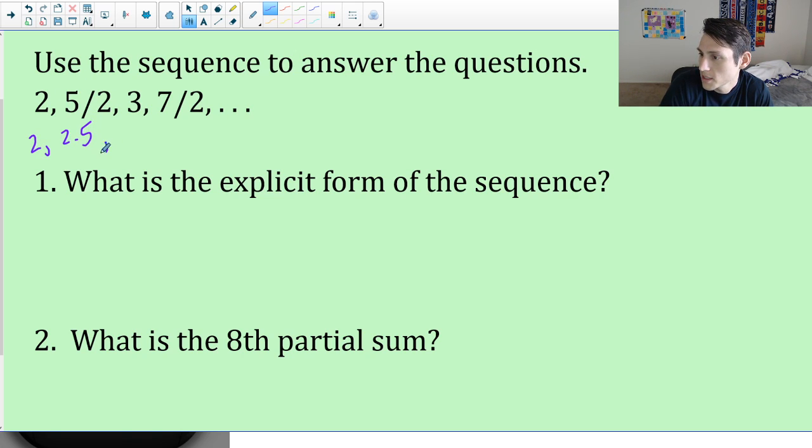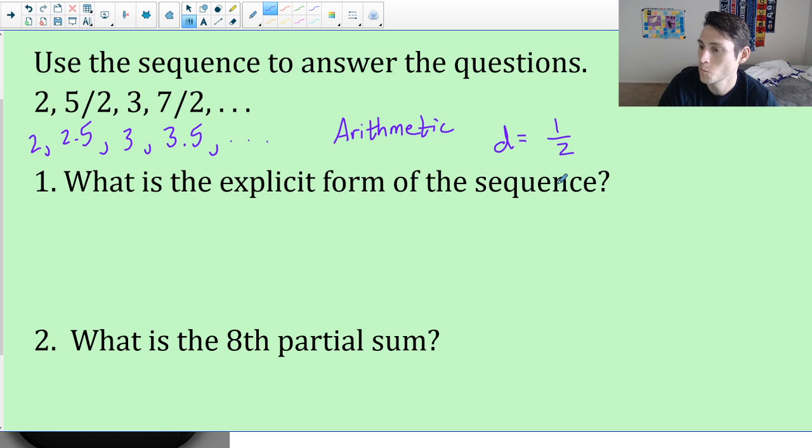If you need to think about those, that's 2, 2.5, 3, 3.5, etc. So I should be able to identify that, yes, this is an arithmetic sequence because the same amount is being added each time. The difference is 1/2 or 0.5. 2 to 2.5 to 3 to 3.5, etc.